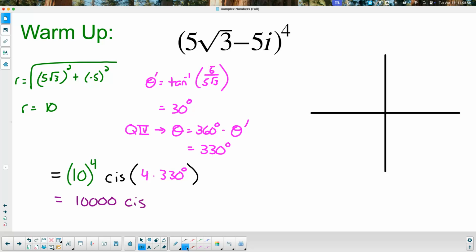4 times 330 is 1320. Do I like 1,320 degrees for an angle? No. So we got to subtract off 360. Got to subtract off 360. Probably got to subtract off another 360, right? So it should end up being how much?